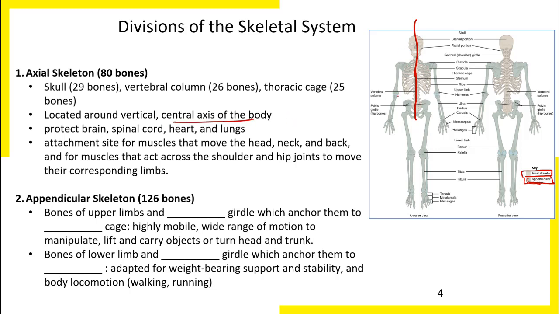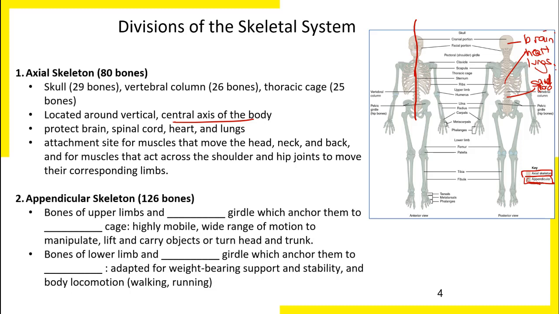As you can see, the axial skeleton protects the brain, protects the spinal cord, and protects the heart and lungs. So the bones of the axial skeleton don't really move. They have a very much a protective feature.